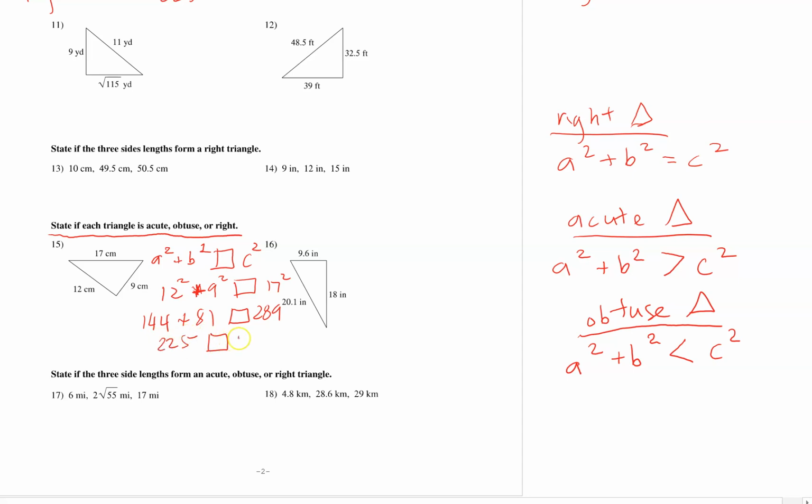Put the box right there, and then 289. Now, since 225 is less than 289, it is going to be a less than symbol. So therefore, because that is true, this is going to match up with this, and you can state that this is an obtuse triangle.